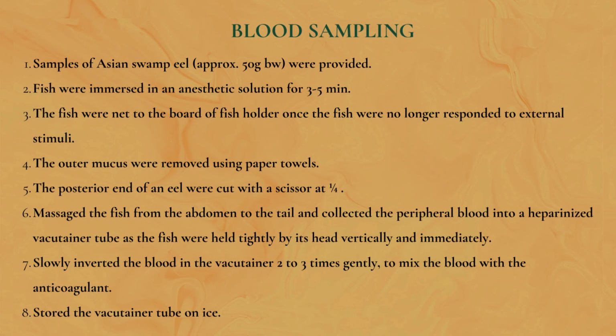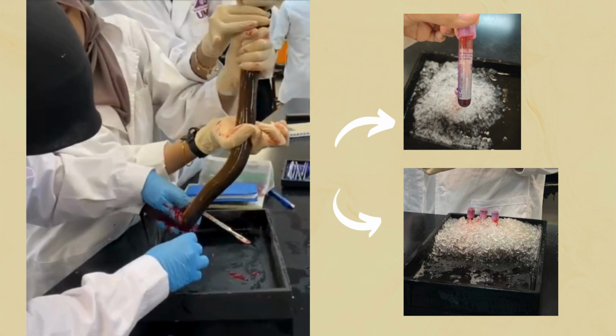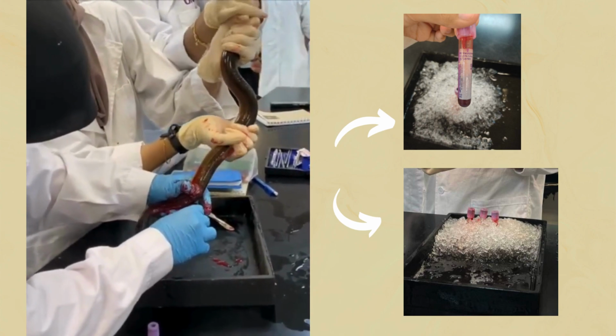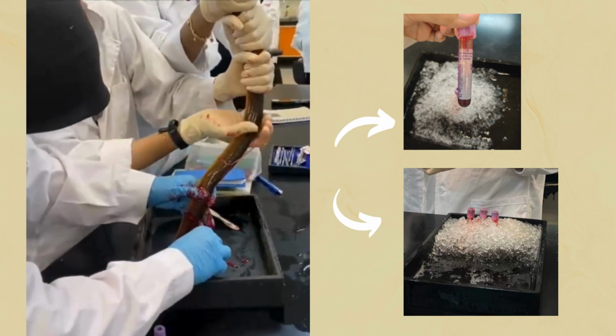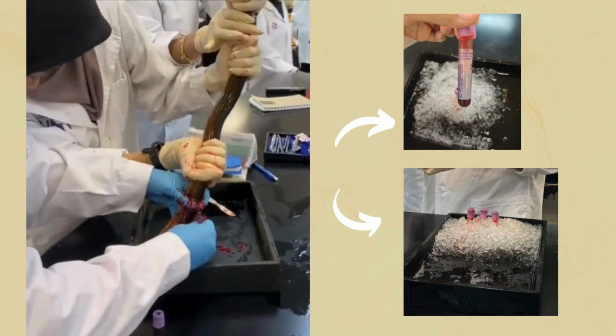The first process is blood sampling, where samples of Asian swamp eels were provided, and then the fish were immersed in an anesthetic solution for 3 to 5 minutes. The fish were moved to the fish holder once they no longer responded to external stimuli.